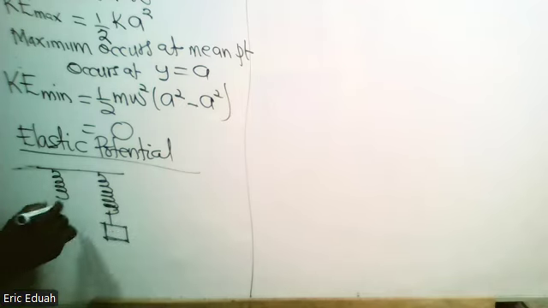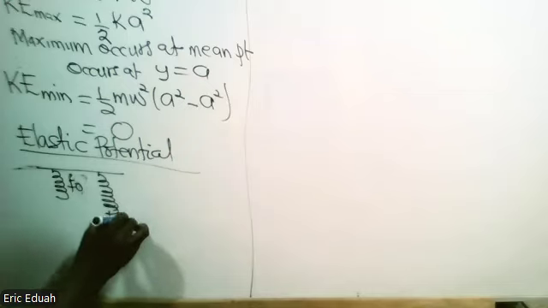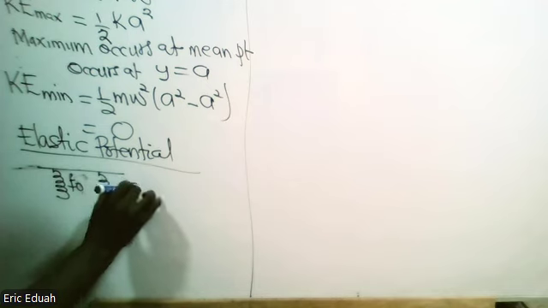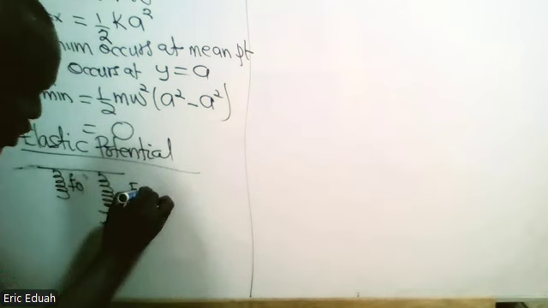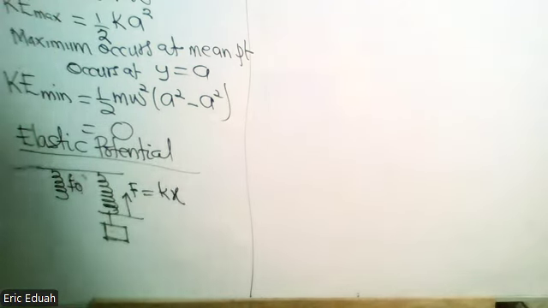For an unloaded spring, the restoring force F is equal to 0. And for a loaded spring, the restoring force is equal to F. The restoring force is given by Hooke's law. So F is equal to kx or ky.